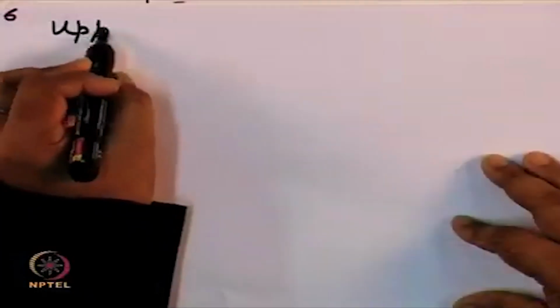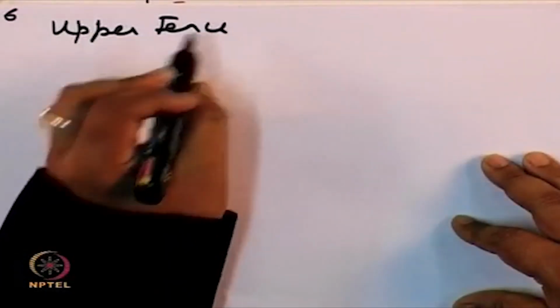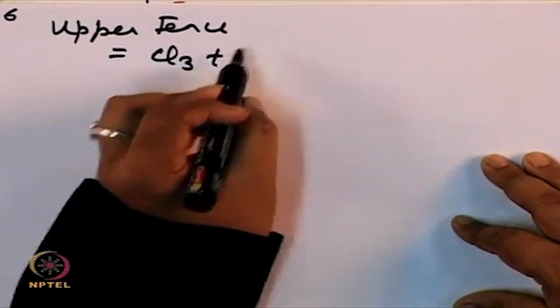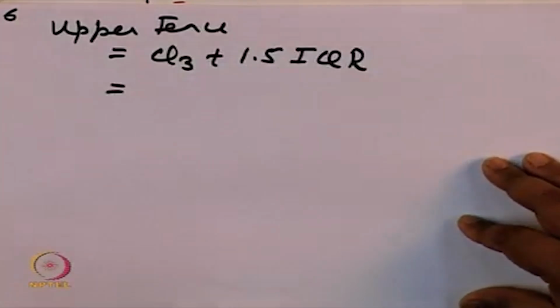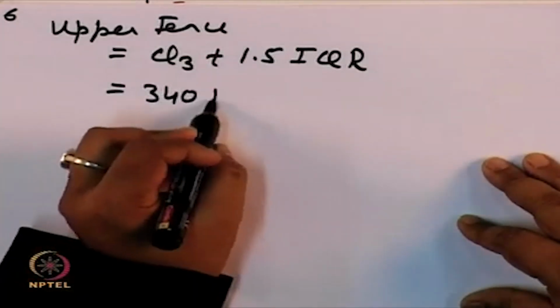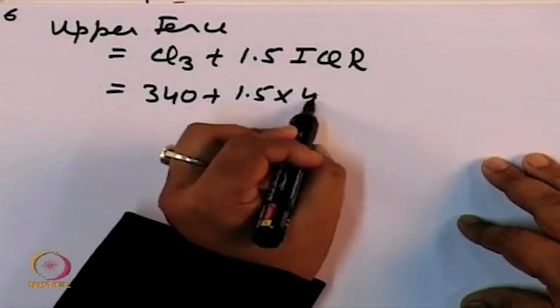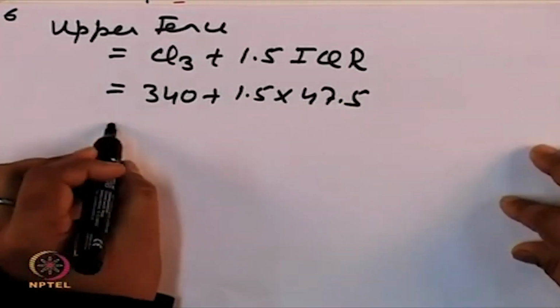Okay. I can similarly calculate the upper fence, which is Q3 plus 1.5 times IQR. Q3 is 340 plus 1.5 into 47.5, which will give me a value.